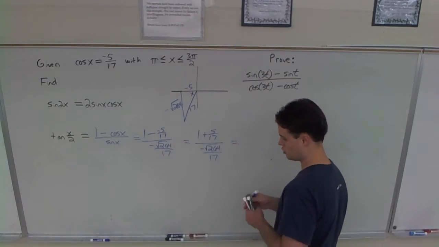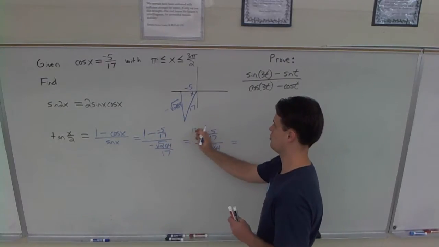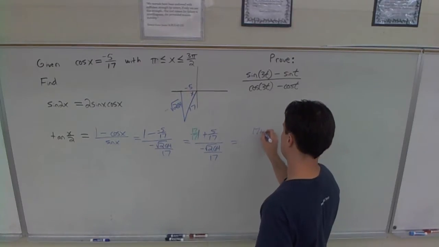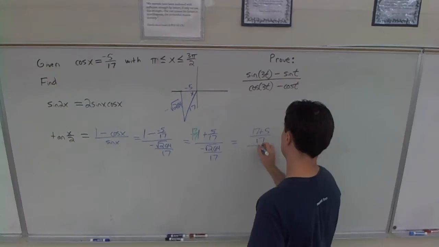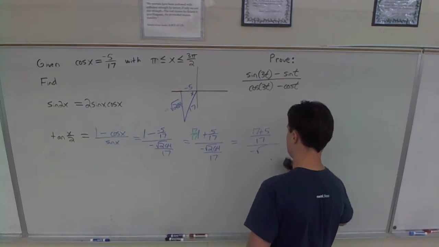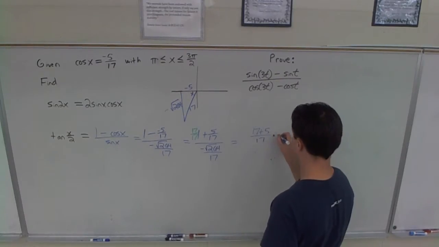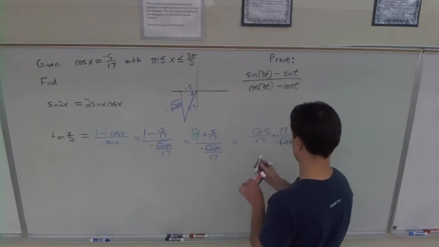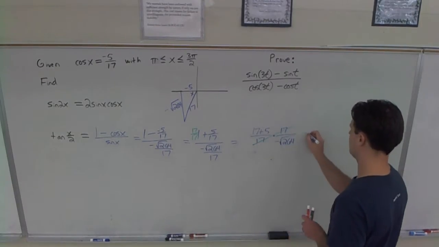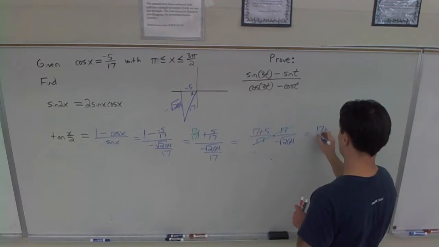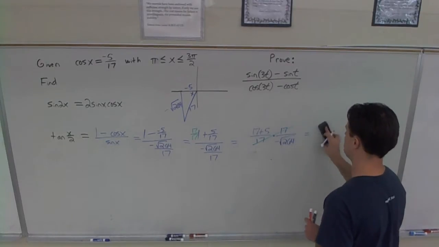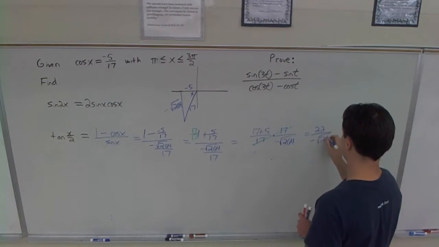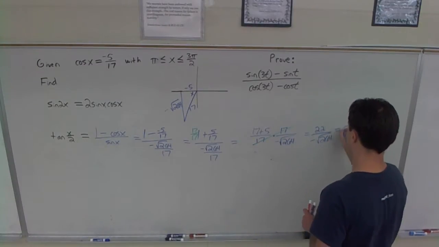Common denominator time. So we're going to have 17 plus 5 over 17 over stuff. I'm just going to flip that stuff right now. Like what we have. 17 plus 5 is 22. That's clearly a negative number.